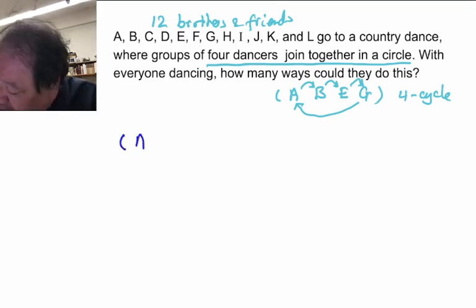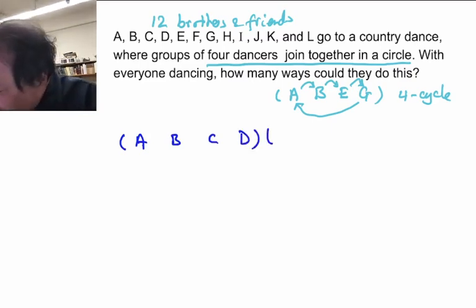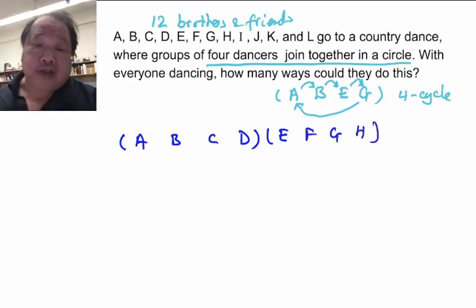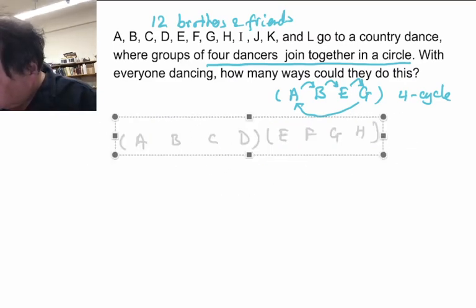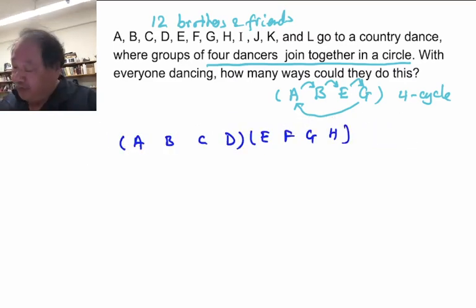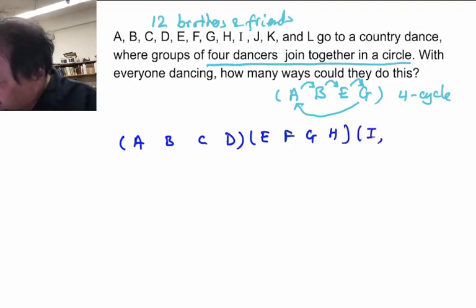We have an A, B, C, D. Well, the second 4 dancers E, F, G, H, and I'm just listing one possibility for the 12. There's so many. And finally, there'll be the 4 group of dancers, which I've decided to choose from: I, J, K, and L.